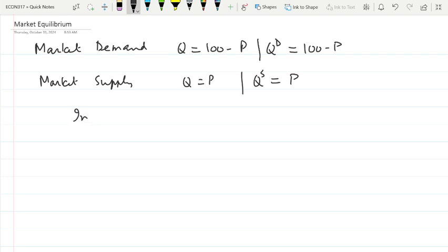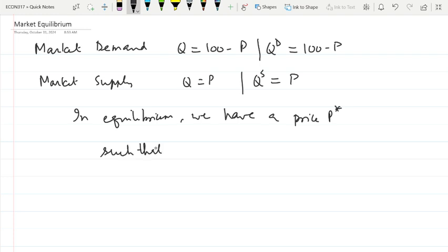In equilibrium, we have a price P, we'll call it P star, such that the quantity demanded 100 minus P is equal to the quantity supplied, which is P. So this is one equation, one unknown.